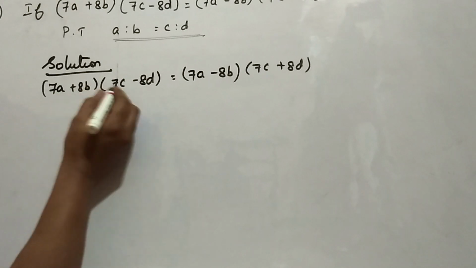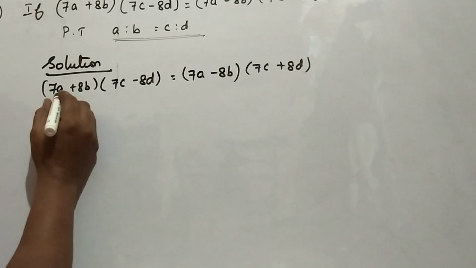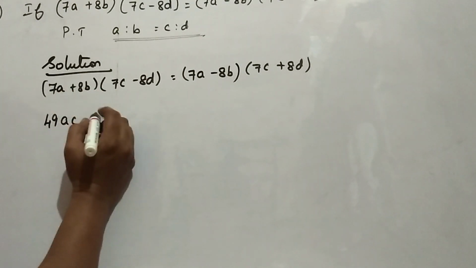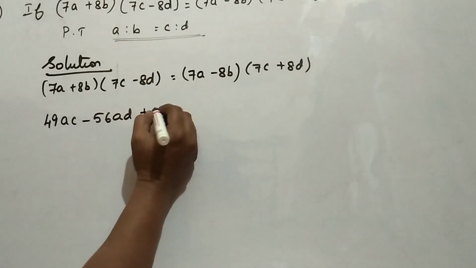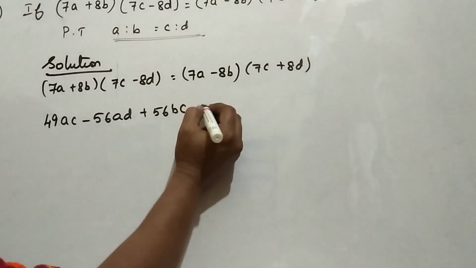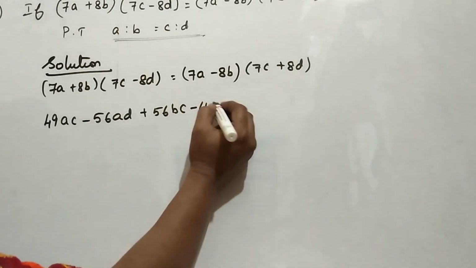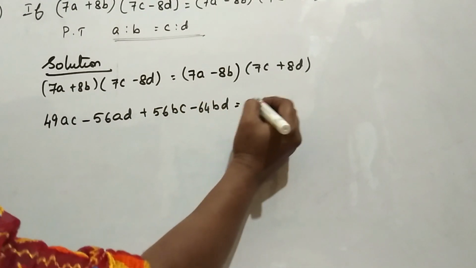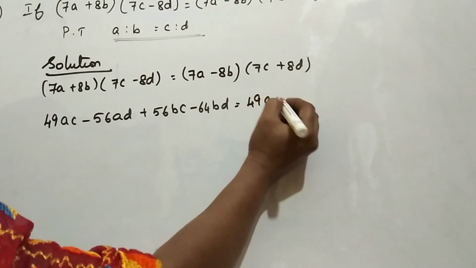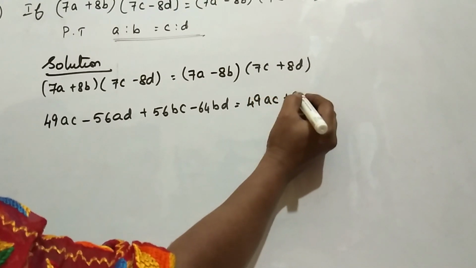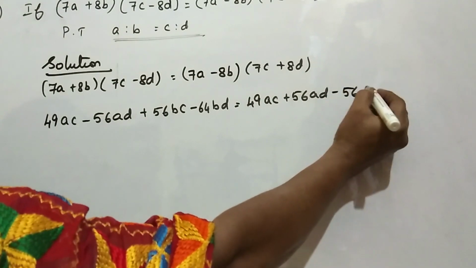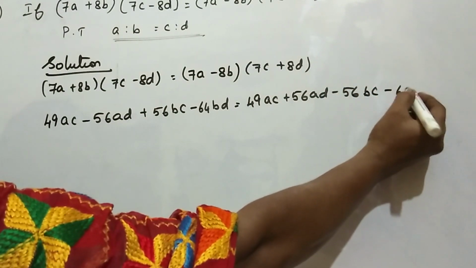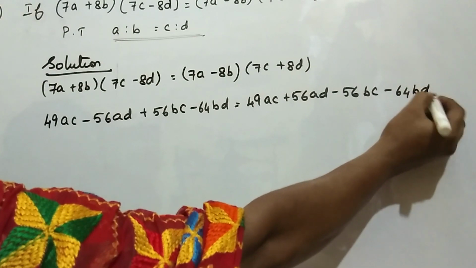Multiply: 7 7s are 49 AC, then minus 56 AD plus 56 BC minus 64 BD is equal to 49 AC, then plus 56 AD minus 56 BC minus 64 BD.